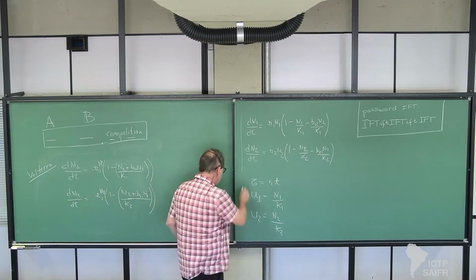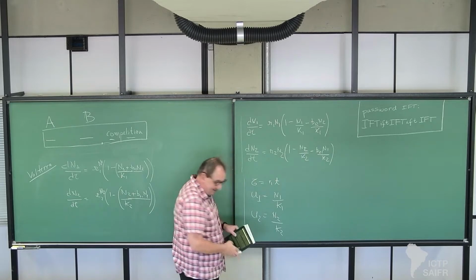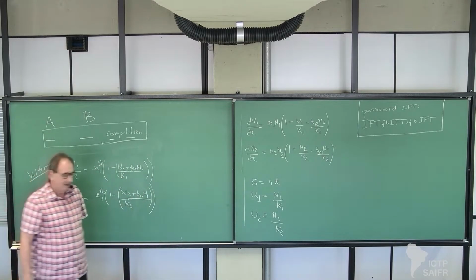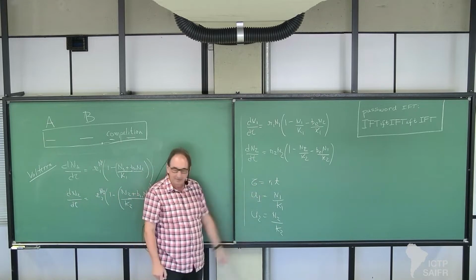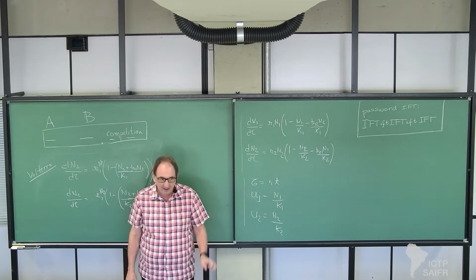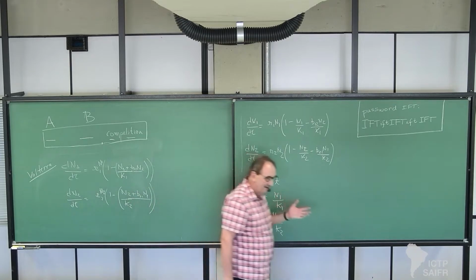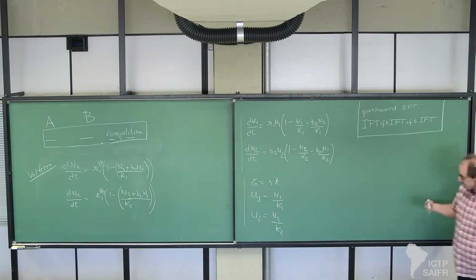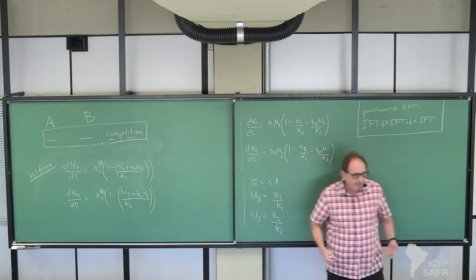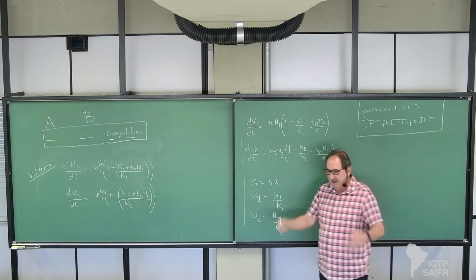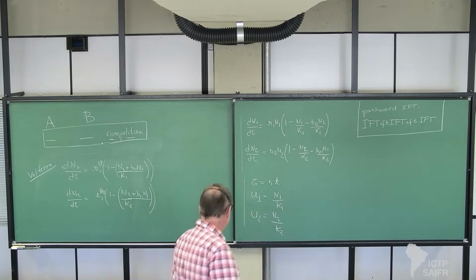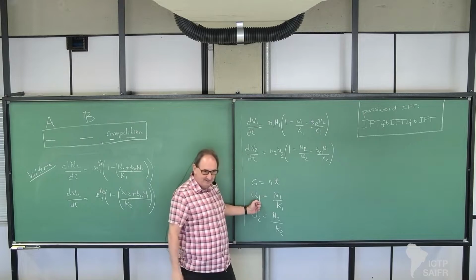So, anything else? No, that's the parameters we have. We have 2 functions, n, and 1 independent variable, time. Is everybody okay with rescaling? I'm just saying that if my population n1 is 100 and my carrying capacity is 200, then this is just 0.5.